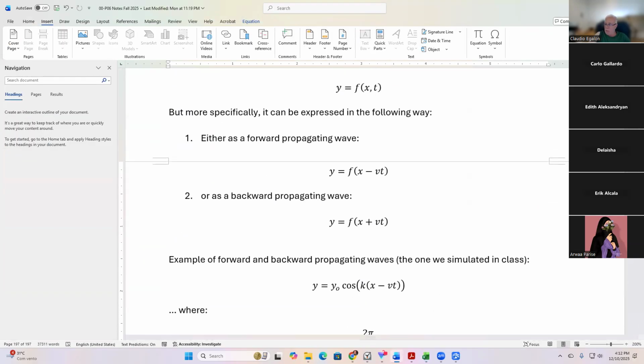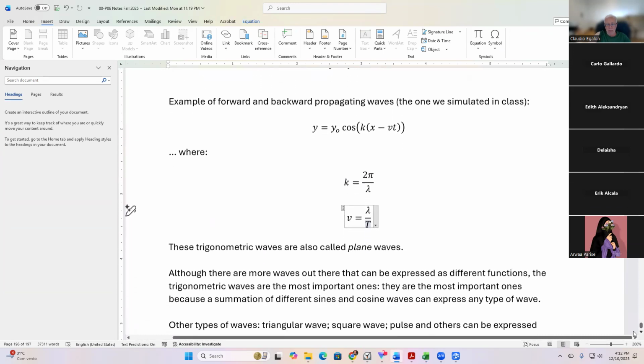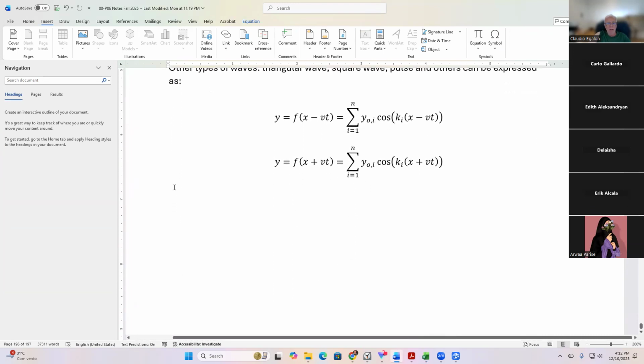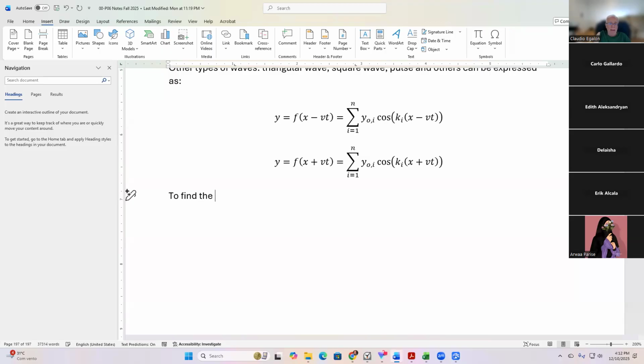To find out the period of a wave, not just the period of a wave, but the period of a harmonic oscillator as well, you must use the mathematical definition of the period itself.